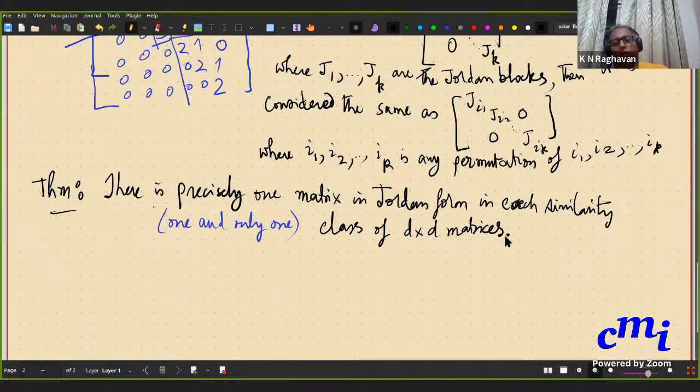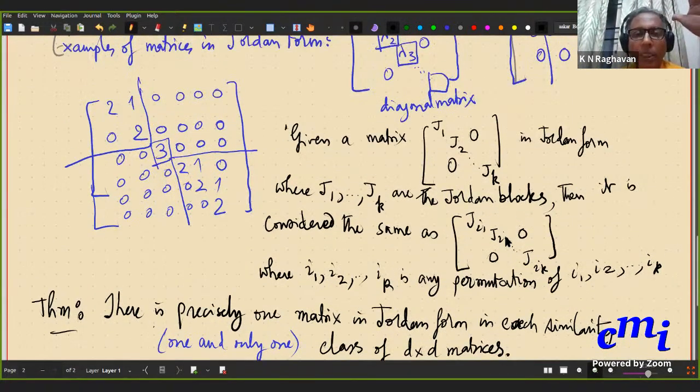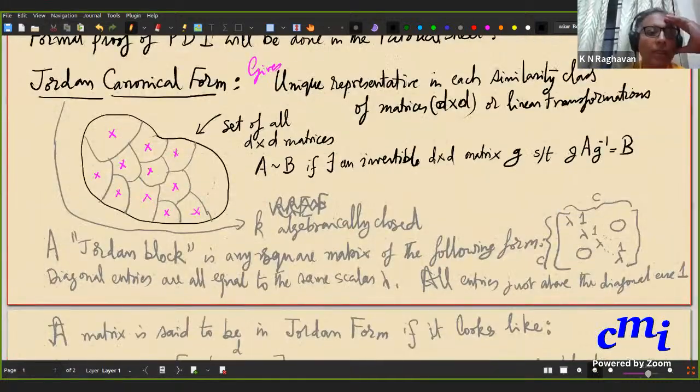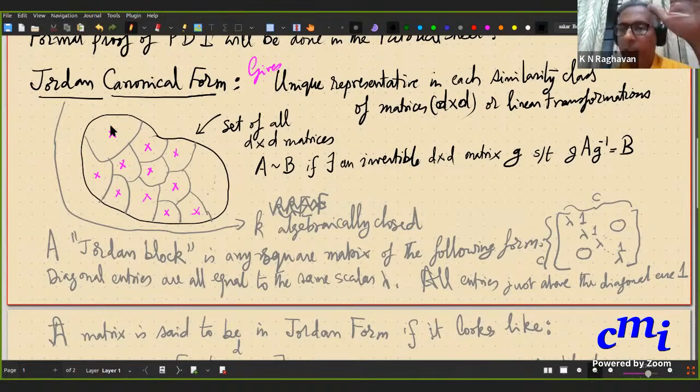So this should answer the question about the meaning of the word representative. By representative, of course, we mean that from each class I pick precisely one and I call it the representative. That is the definition. If that is the case, we call that a representative of that equivalence class. That's correct.